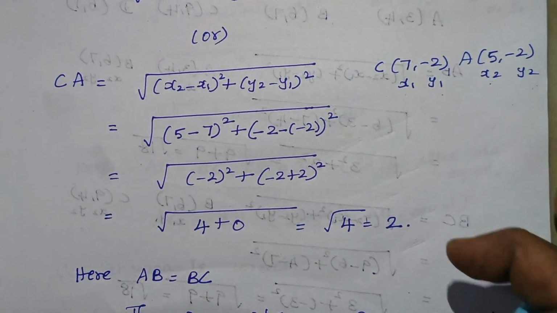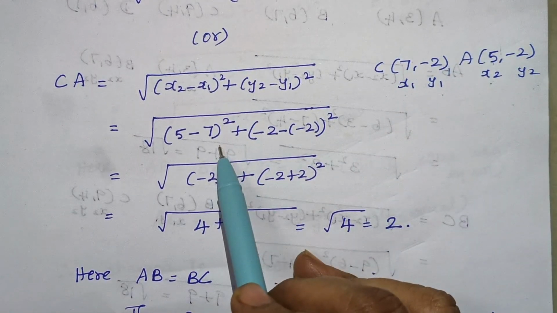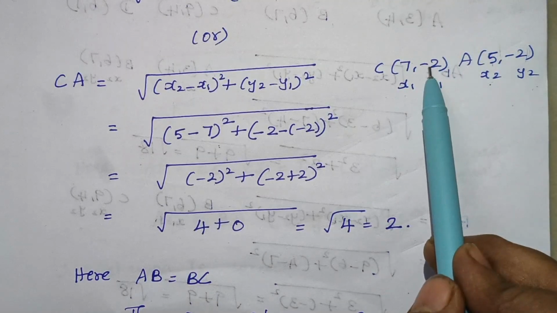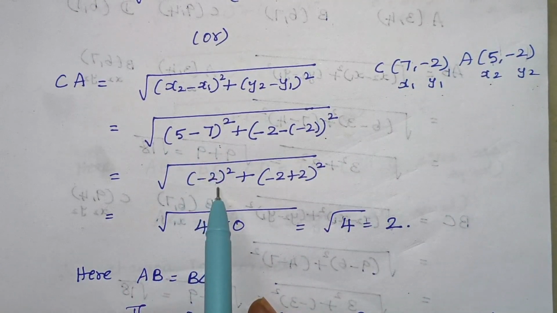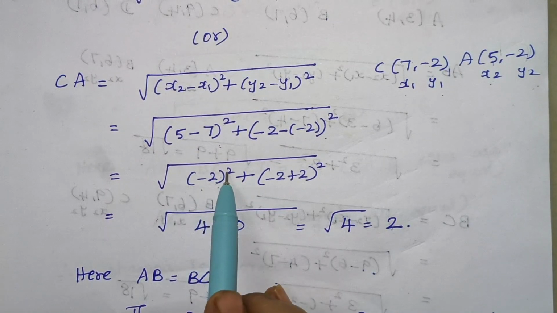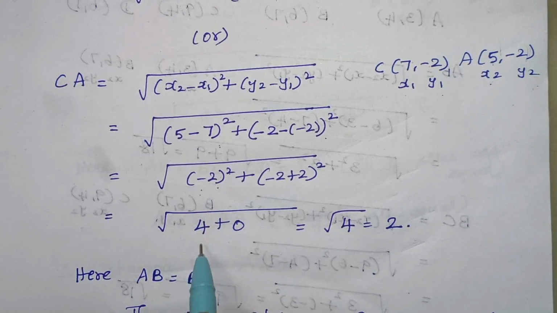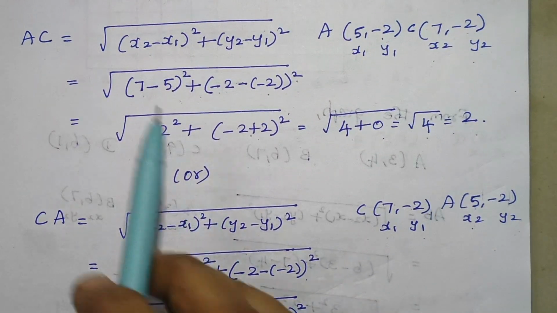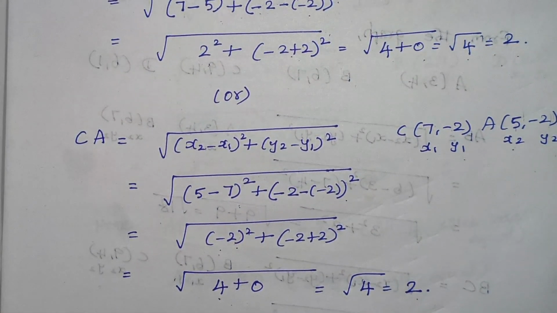So x2 minus x1, 5 minus 7 the whole square, and y2 is minus 2, minus 2 minus of minus 2 the whole square. So 5 minus 7 gives you minus 2. Any number which is squared is always a positive number. So minus 2 the whole square gives plus 4. So square root of 4 is 2. You see, when you compare AC and CA, AC gives 2 and CA also gives the same 2.